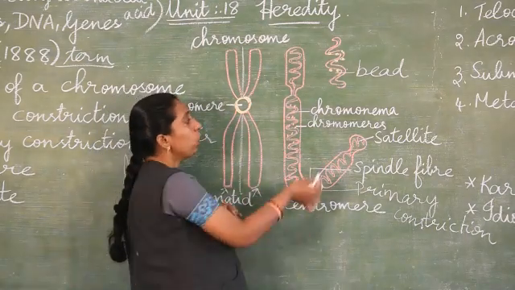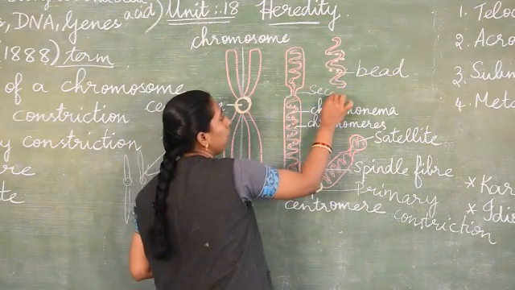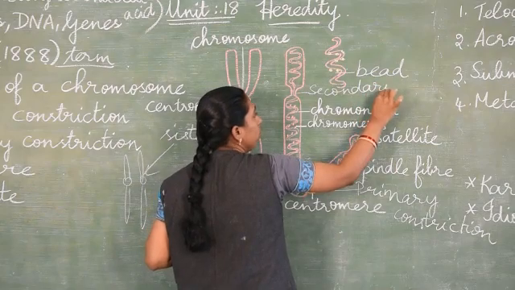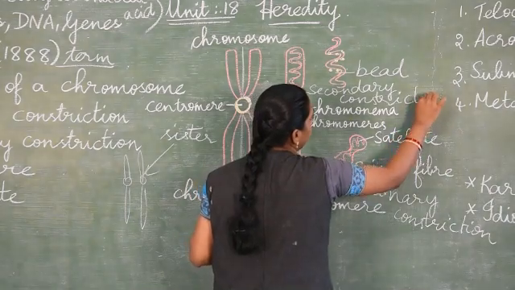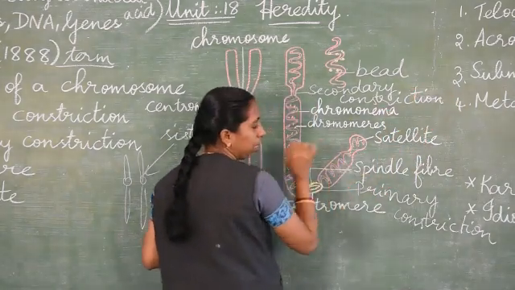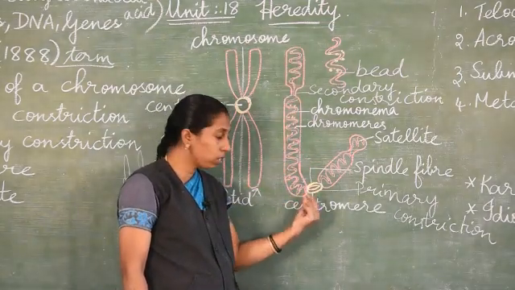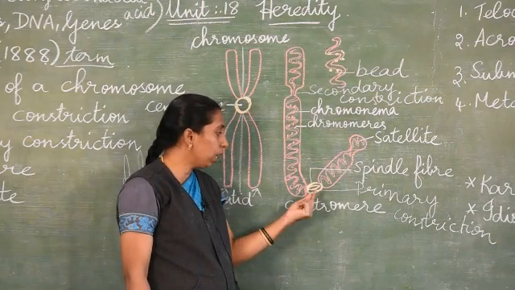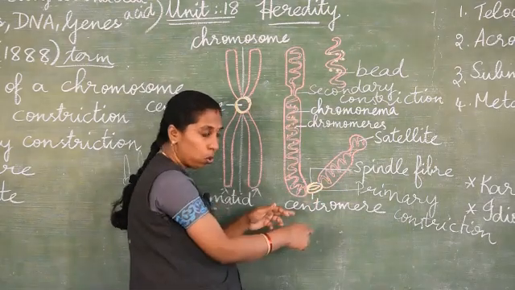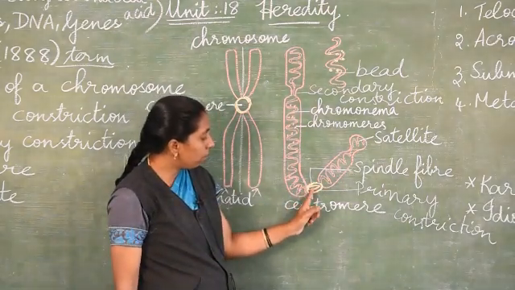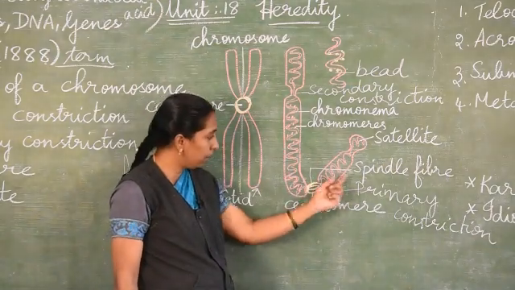Here we have two secondary constrictions: this is one secondary constriction, and here is another. So the first part is the primary constriction, which joins the two arms of a chromosome, and here you have the centromere located in the center along with the spindle fiber.